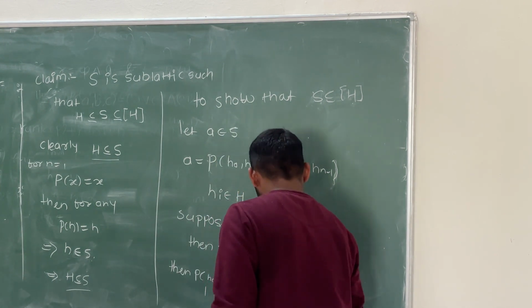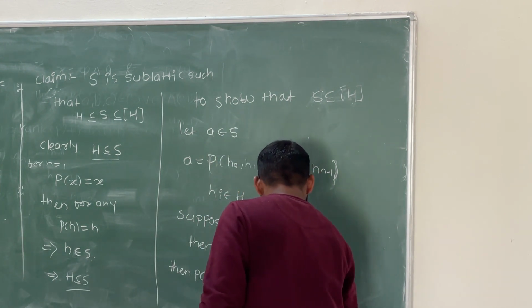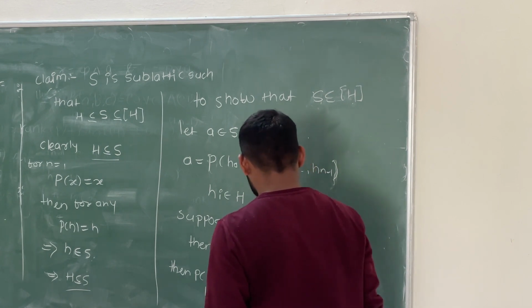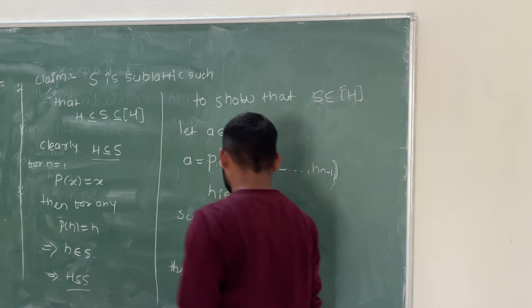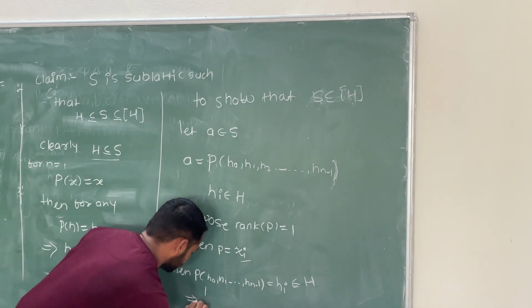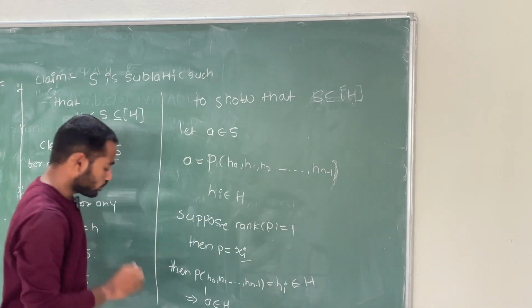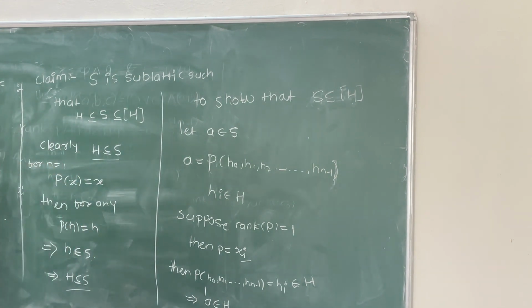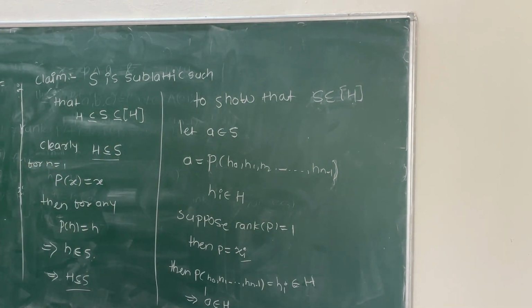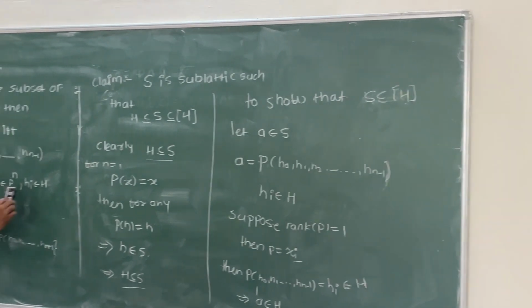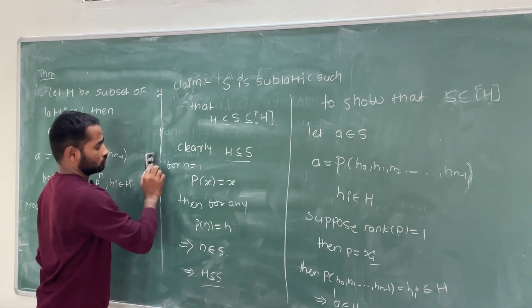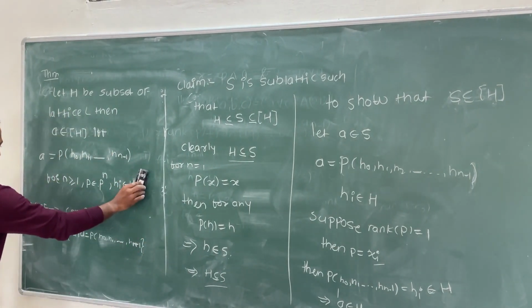But hi belongs to where? Capital H. That means our a belongs to capital H or not? Because our a is P of that value. This implies a belongs to H. If a belongs to H, can we guarantee that it is there in square bracket H? Very good.